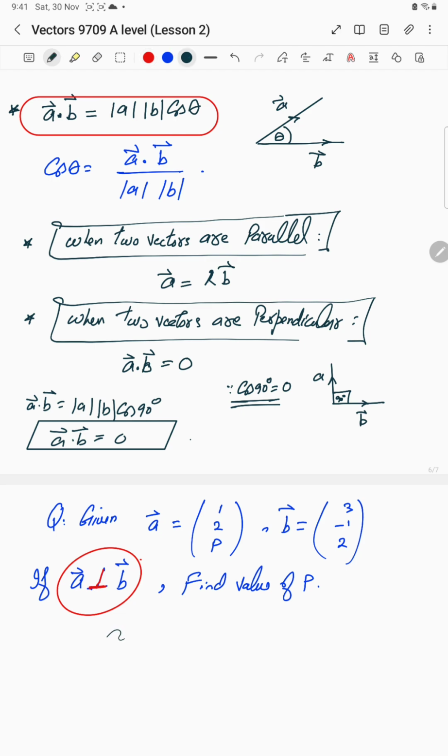When two vectors are perpendicular, the dot product should be 0. So here (1, 2, p) dot (3, minus 1, 2) equals 0.